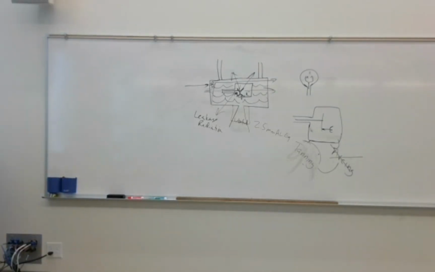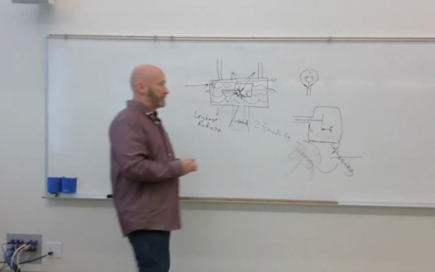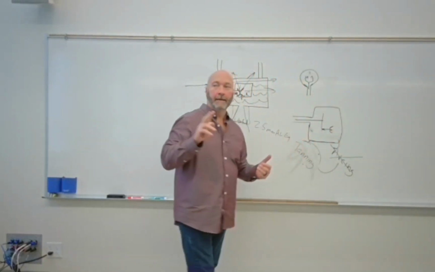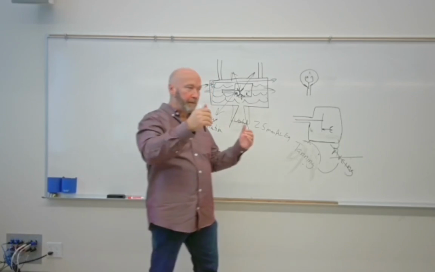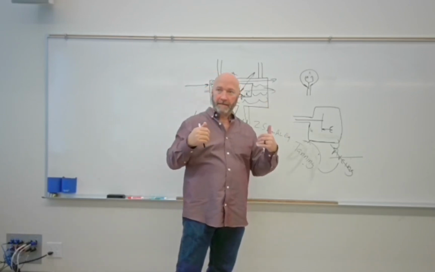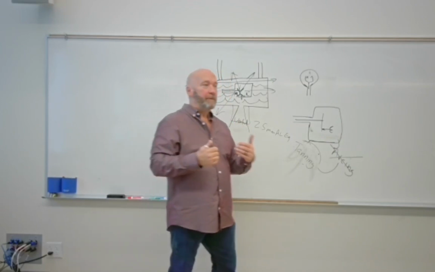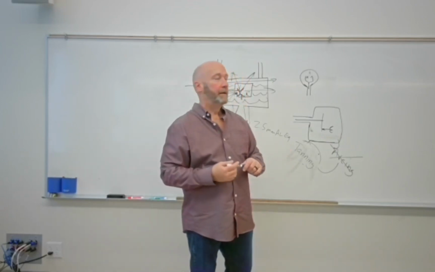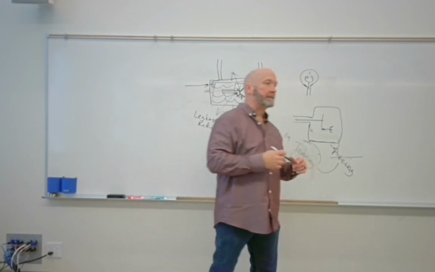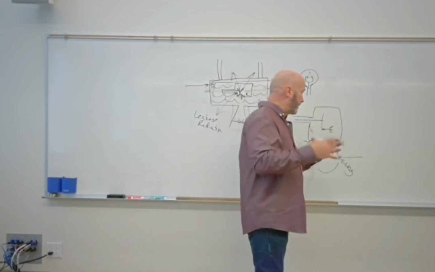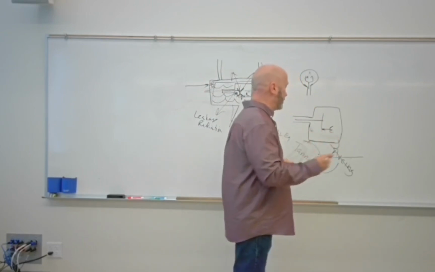Okay, so back to the internal components. You got cathode, that's the negative end of the X-ray tube. That's where the filament lies. But did you notice that there were two filaments, and they were kind of backed off inside that V-shaped thing? Did you notice that? Okay, we're going to call that V-shaped thing a focusing cup. And what it does is that it compresses the electrons before we send the electrons across the tube.